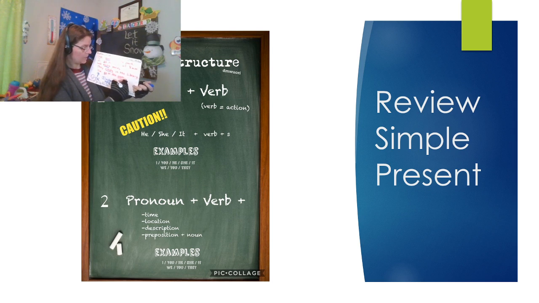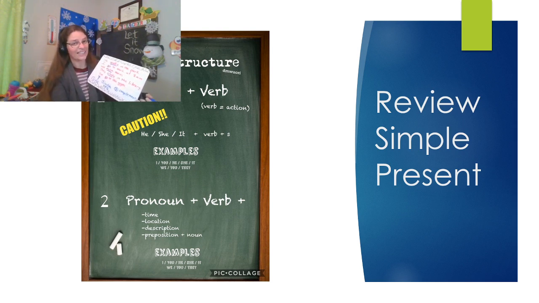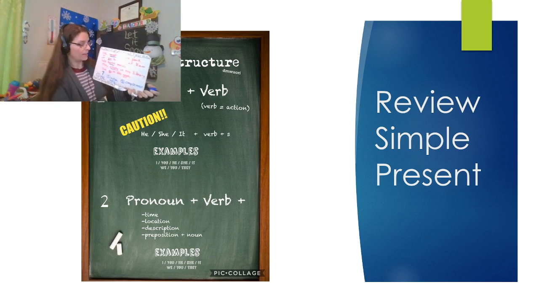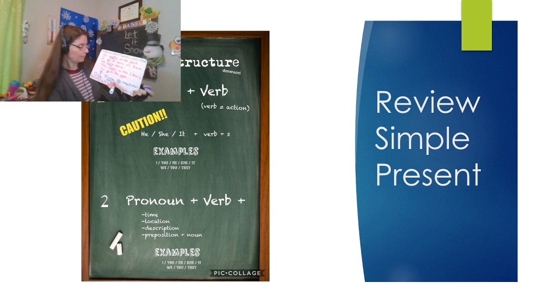And then 3 is the complement. It's not the compliment like, you look so good today. It's not that kind of compliment. It's a grammar term that talks about the object of the sentence, or the time, or the place, everything that comes after the beginning. That is called the complement.